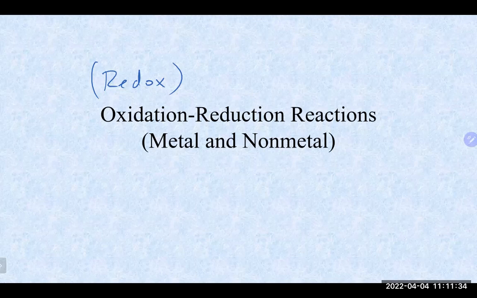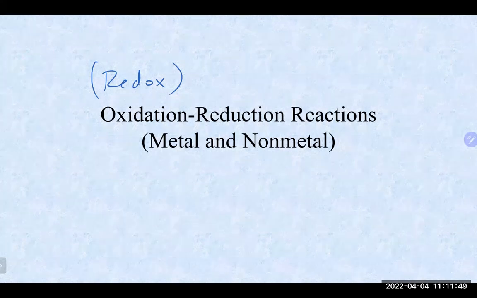If you can identify something as being oxidized, that means there must be something going through reduction. This is the third reason why a reaction takes place. These all ultimately involve electrons being transferred.